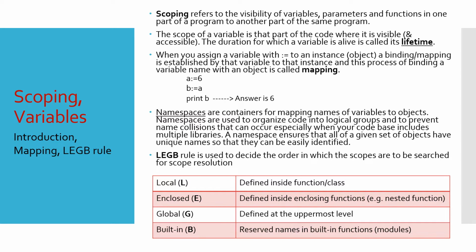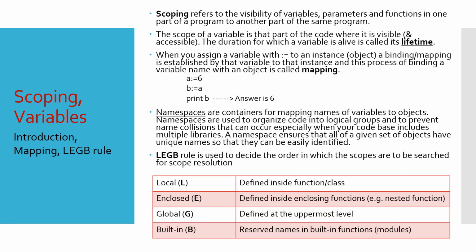Okay, and the last one I would like to talk about is the LEGP rule. This is very important. This table is also important because using this rule, the computer decides the order in which the scopes are to be searched for scope resolution. What does that mean? As I said, variables can be declared anywhere inside a program, inside a subroutine or inside a function.